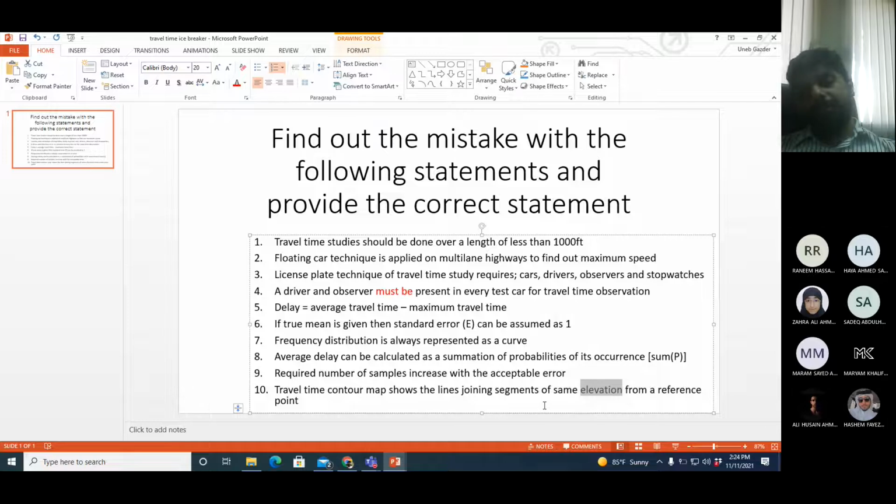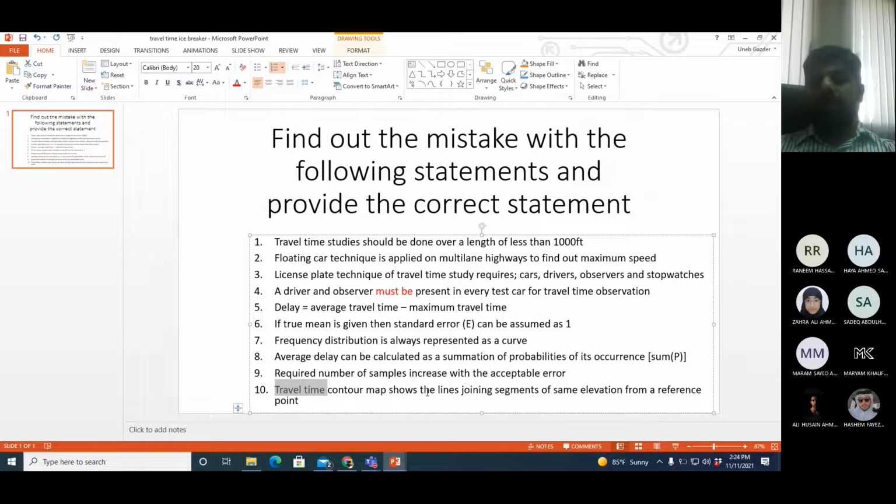Another variation: keep the statement as it is, keep elevation as it is, and remove the travel time from here, because we already know that travel time can also be plotted for surveying. So maybe I'm talking about a surveying contour map. If you remove the travel time from the start, the statement becomes correct again.